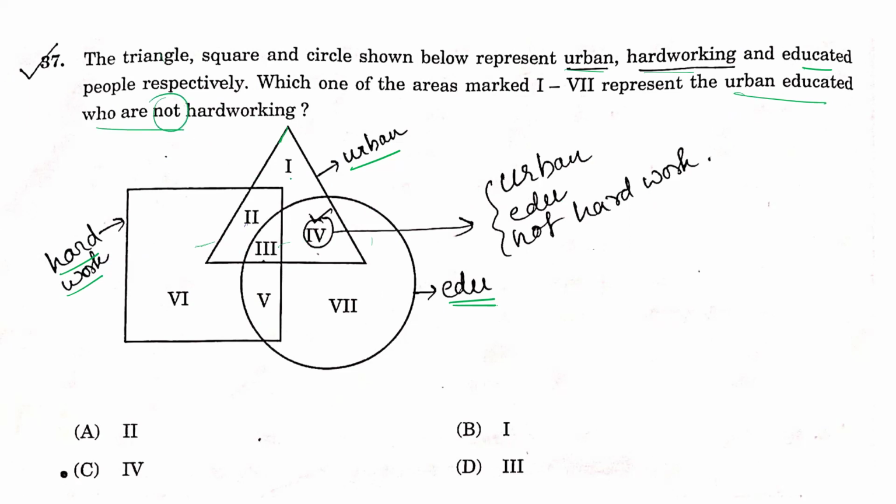Urban, educated who are not hardworking. So see here, 1 is urban.